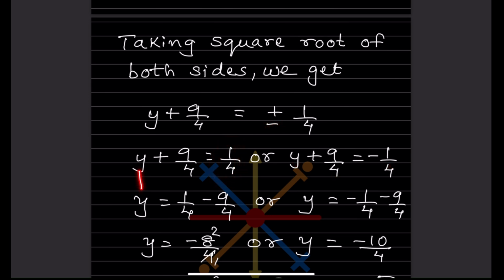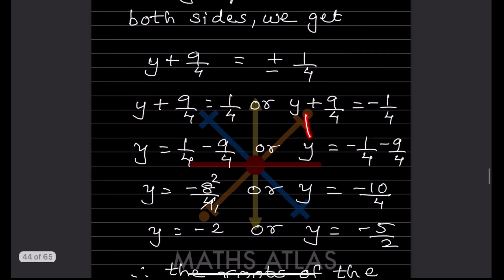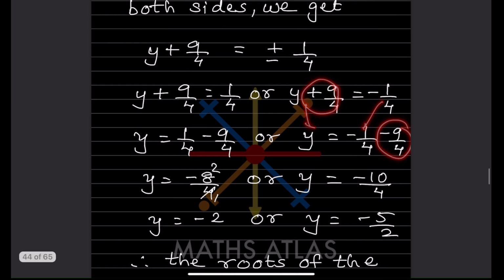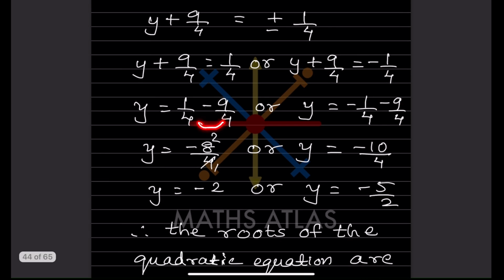So here what will you write? y is 1 by 4, and this plus 9 by 4 goes to that side, that will be minus 9 by 4. Again here the same, plus 9 by 4 becomes minus 9 by 4. So now you can see the denominator is the same. Now here is minus, so you write it only once, and here 1 minus 9, that is going to be minus 8.